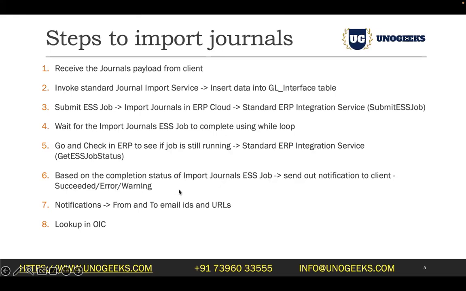So what I want to do within the integration, based on the job completion status, is send out a relevant email notification to the support team as well as the GL team, stating that batch 4002 is imported successfully, or batch 4003 has ended in error or warning because of so and so reason. So I want to show you, as part of this integration, how to configure email notifications and send them out.